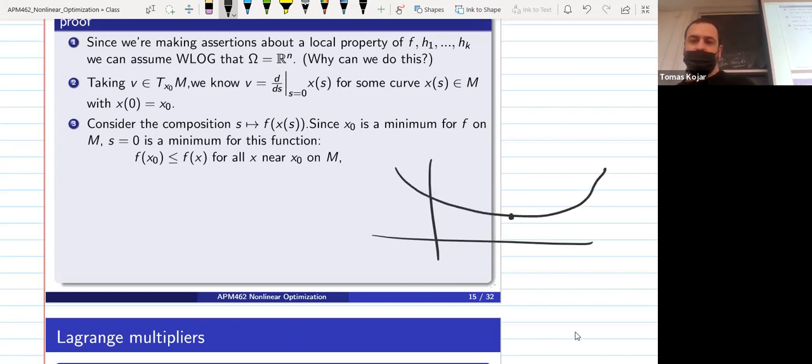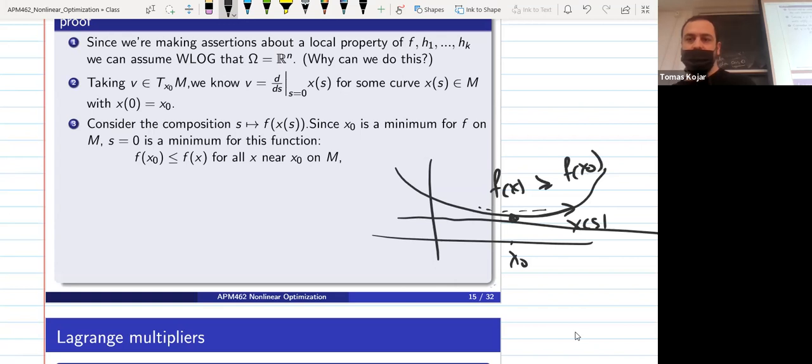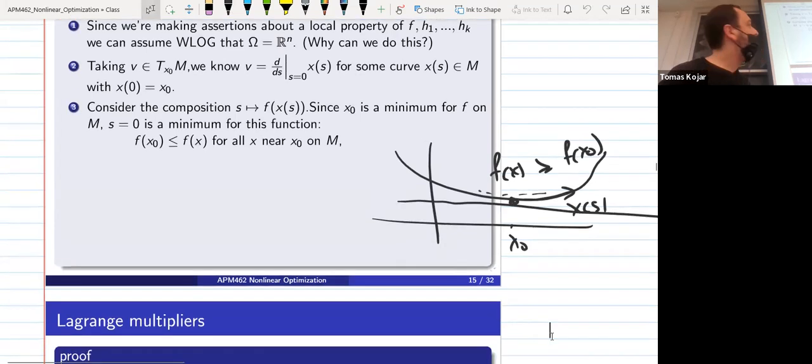Suppose this is x naught, this is the curve x of s, and it's like this. So f of x of s is above f of x naught. Something like that. All right. Good.